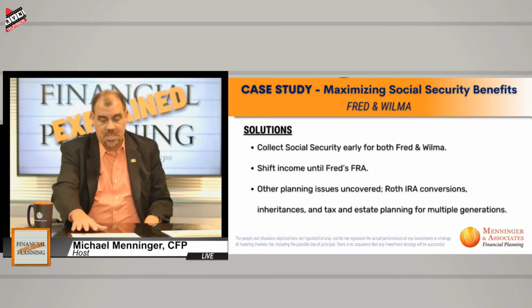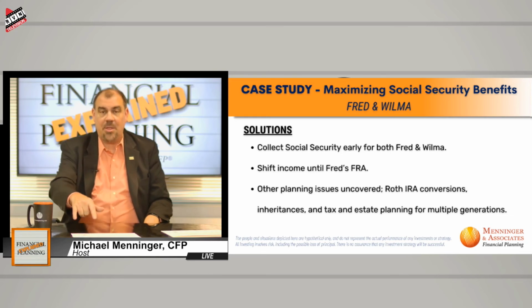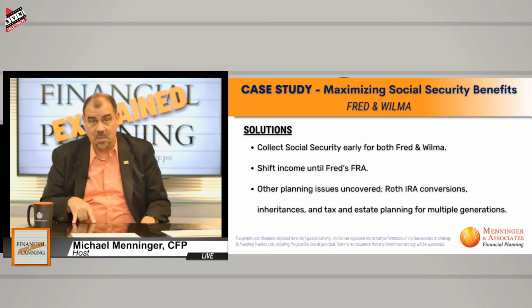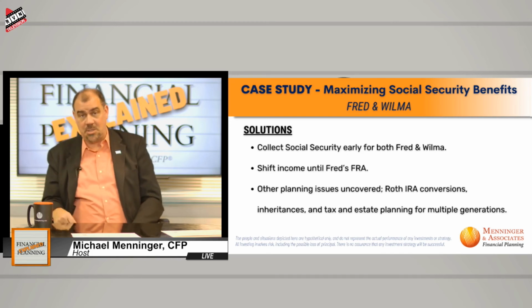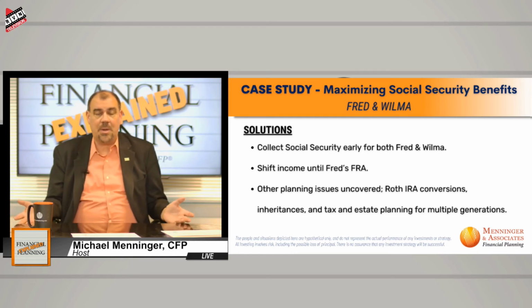Because now we take Fred and Wilma's parents, which are now 4 people, okay? How are they going to distribute to their children? And then we got Fred and Wilma, how are they going to distribute to their children? And then we've got them, and how are they going to distribute to their children? So we're talking about multi-generational planning, and mostly, how are we going to handle all these stinking IRAs?